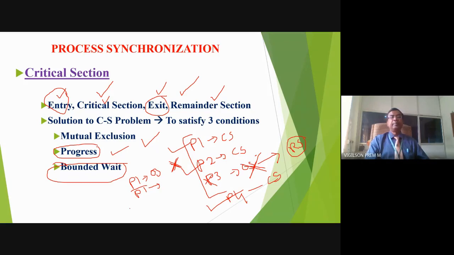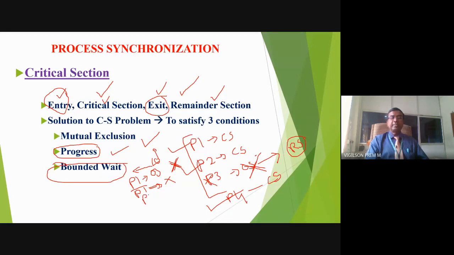Suppose, for example, when P1 is requesting, the OS will mark some value, say 10, for P1. It is not giving the critical section, so it marks the value 10. Next time P1 requests, the OS is still not allowing, but it reduces the value to 9.